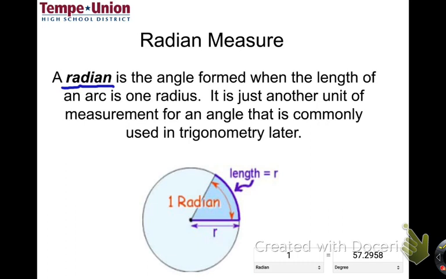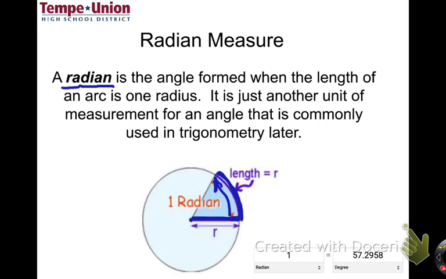But a radian, just by definition, is the angle measure that's formed whenever the radius of the circle is exactly equal to the arc length. So you would just start right here and go moving this direction, and you would go as long as the radius. So exactly that same length.